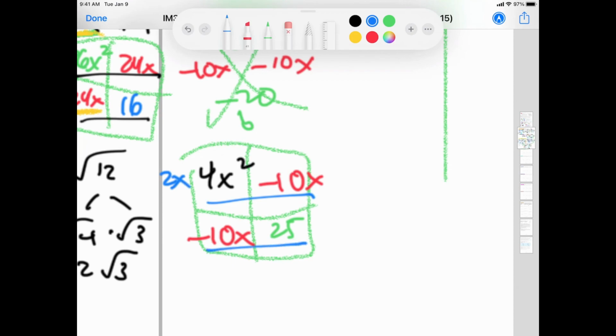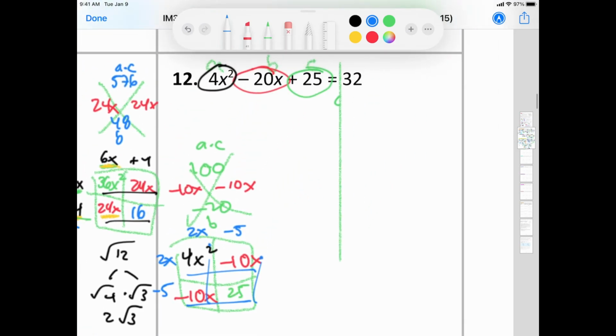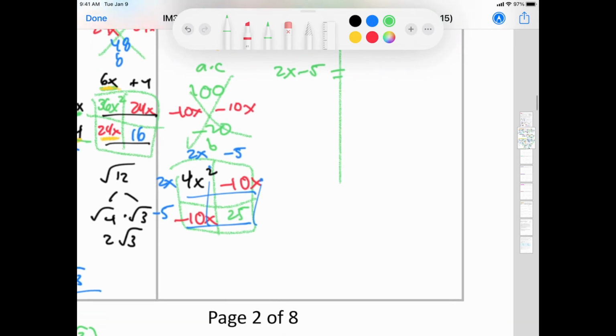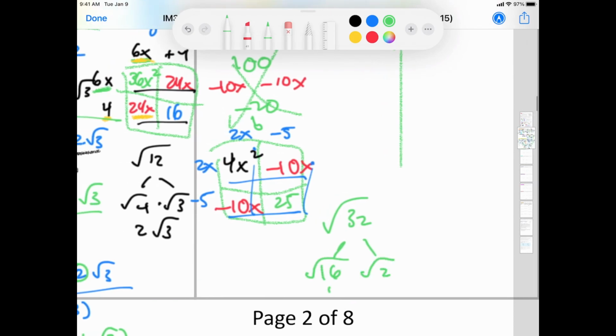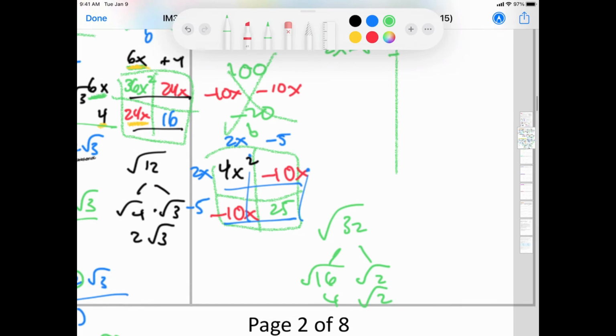2x, negative 5, 2x, and negative 5. That works. So it's essentially 2x minus 5 squared. We're going to take the square root, so 2x minus 5 equals, what is this? 32, right? 16 and 2, because that becomes 4 radical 2.